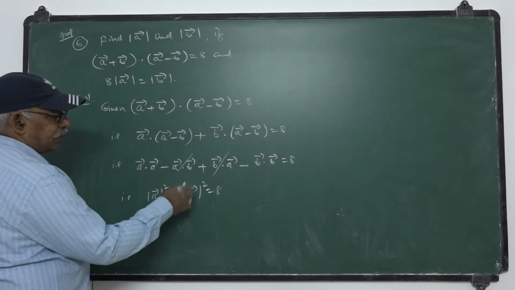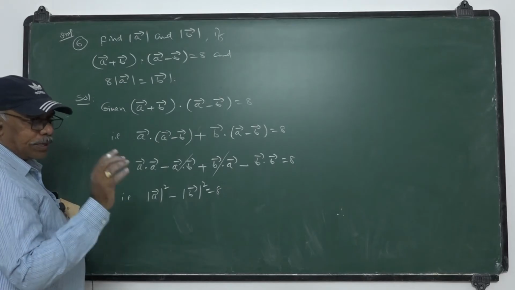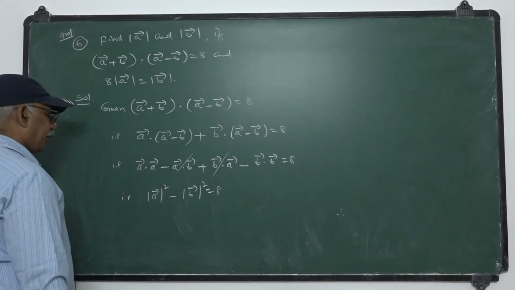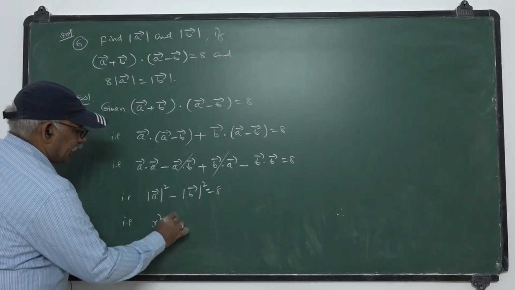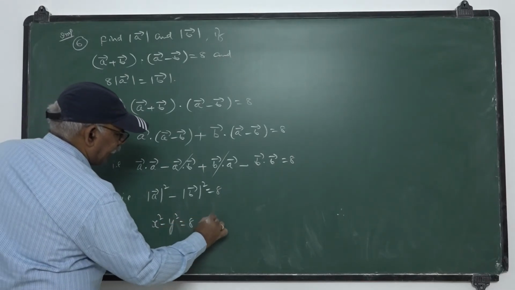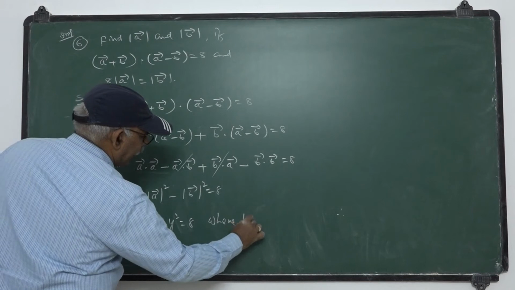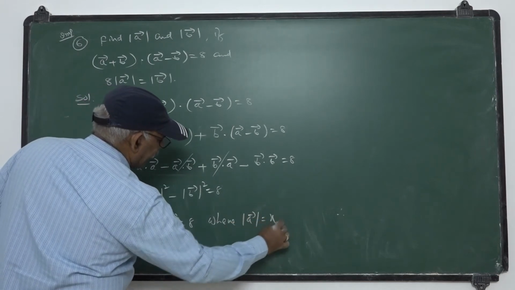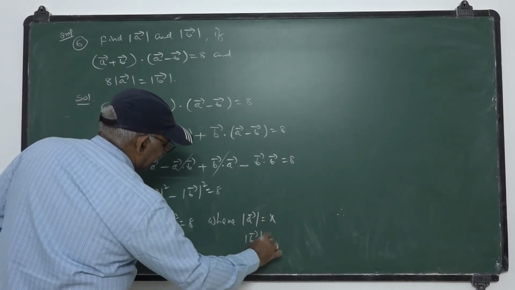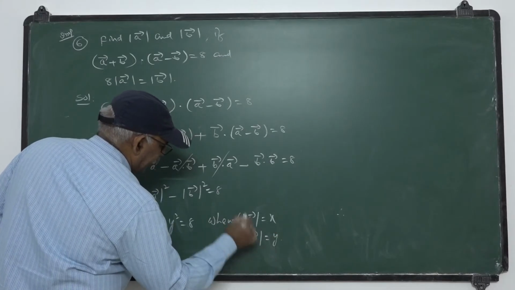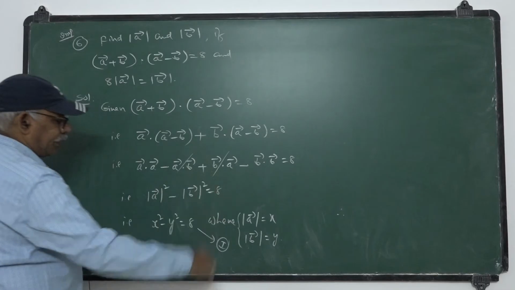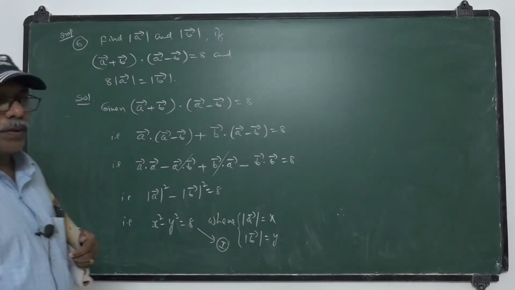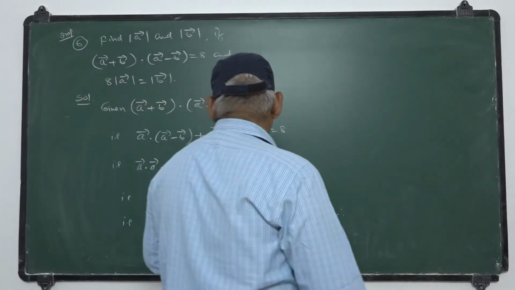Once we take the modulus of the vector, we get a scalar. That is x square minus y square equal to 8, where assuming mod A bar as x, mod B bar as y. Let this be the first relation between mod A bar and mod B bar.